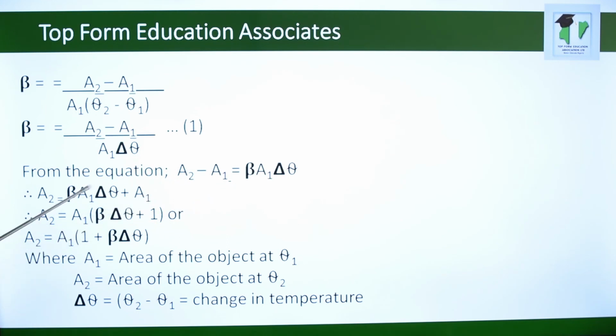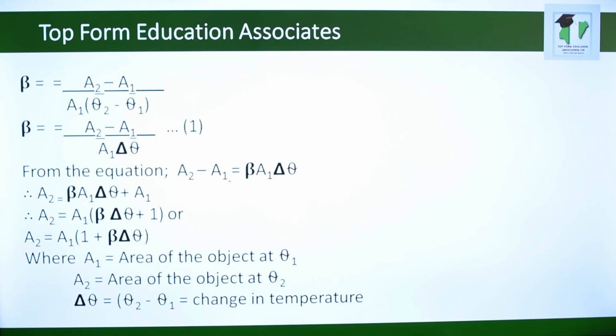So A2 gives you beta A1 change in theta, plus A1 crossing over. So A2 is equal to A1 into beta change in theta plus 1, because A1 is common here. Or you can write this as A2 equal to A1 into 1 plus beta change in theta.